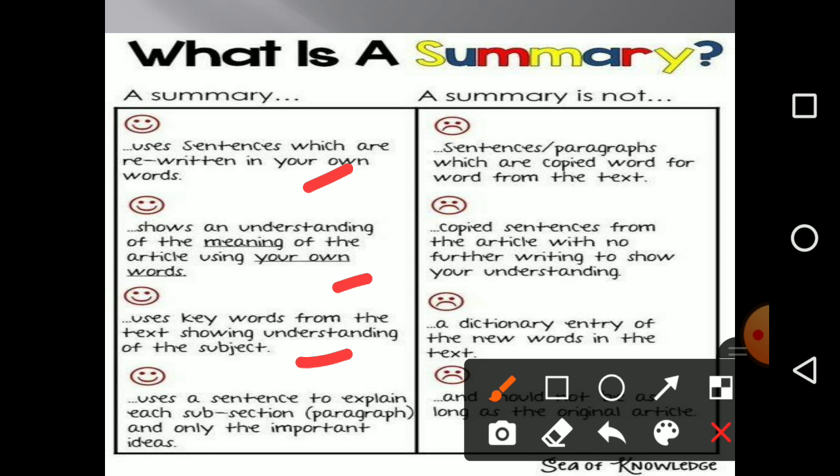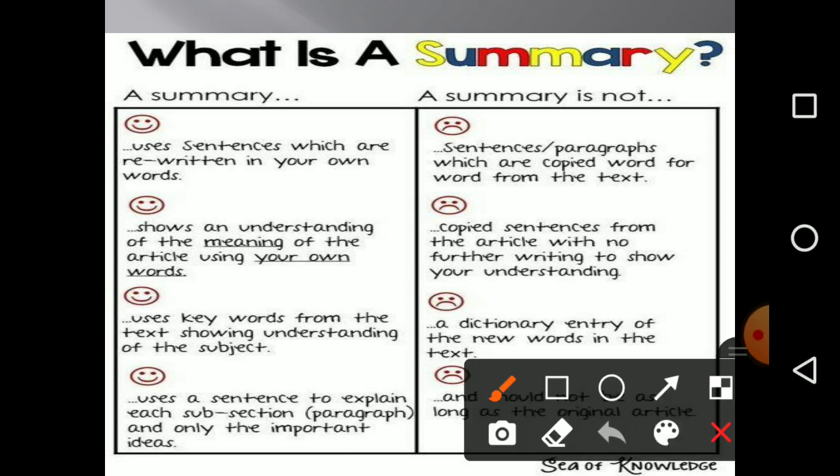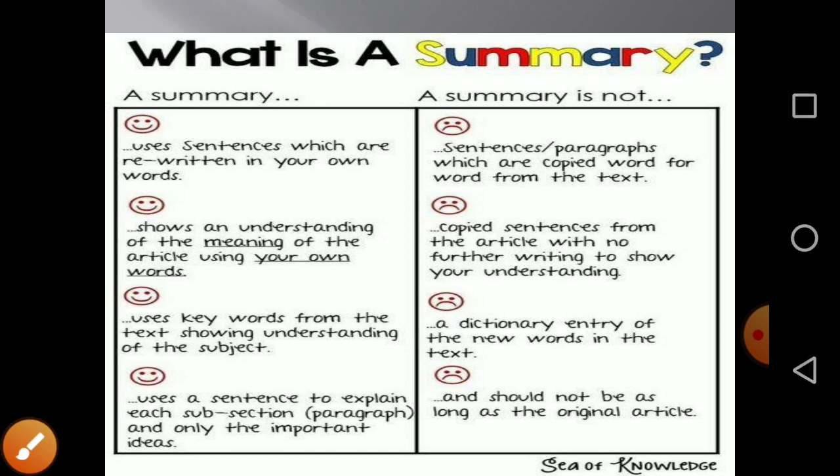Keywords means the important words you are going to use the same from the text, and it uses a sentence to explain each subsection and only the important ideas. What it should not have is sentences or paragraphs copied from the text, copied sentences from the article with no further writing to show your understanding, a dictionary entry, and it should not be as long as the original article.